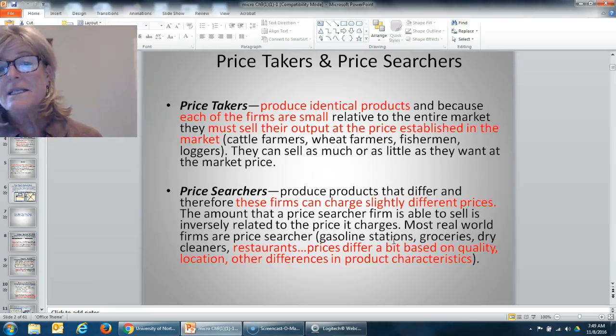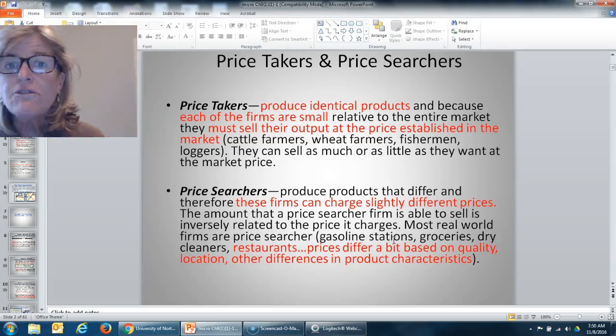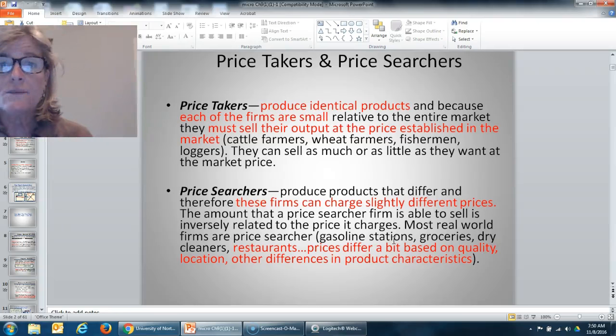Say, for instance, if you have a pizza restaurant, there's tons and tons of competition. You are small relative to all restaurants around. However, basically what we've got going on is that they get to choose their price. Is it going to be a high price pizza? Is it going to be a low priced pizza? They're going to be searching for the absolute best price to maximize profit.